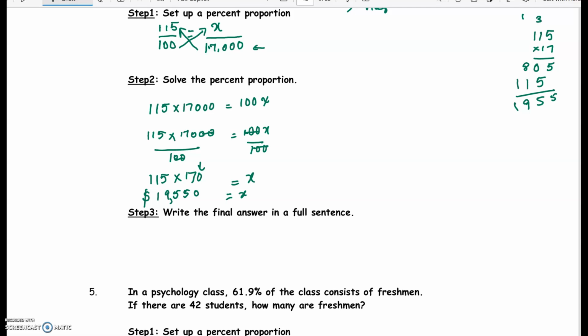So 19,550 is 115%, which is more than 100% of 17,000, which is the wholesale price.